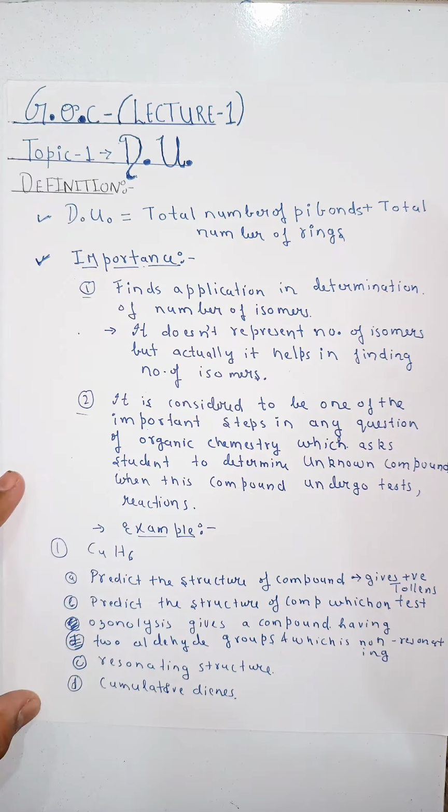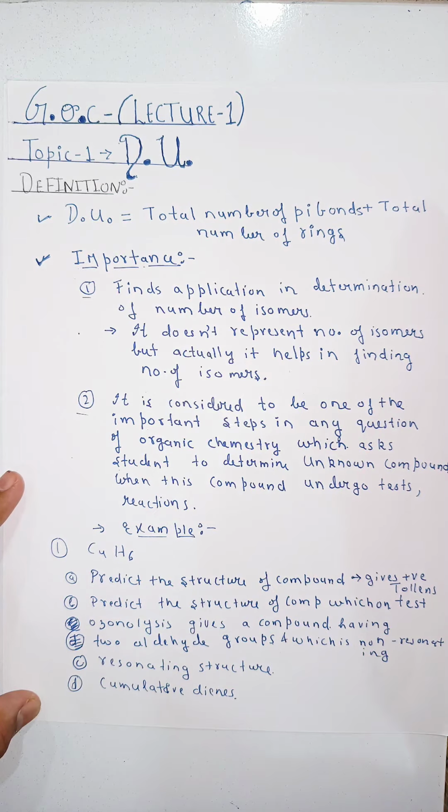The problems are designed keeping in mind that they will cover the whole of the topic. So let us start with our first organic chapter, general organic chemistry. This is lecture 1, and under this we will be taking up our topic 1, degree of unsaturation.